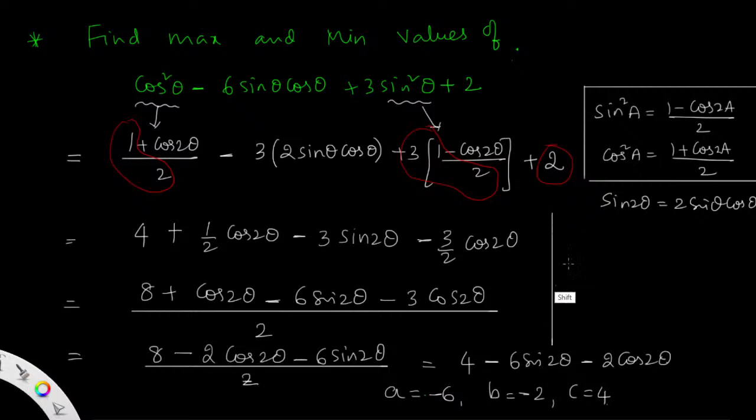Therefore I am writing here that the maximum value is C plus root of A square plus B square, and the minimum value is C minus root of A square plus B square. You can simplify the values. Then the correct answer is given: 4 minus root 10 and 4 plus root 10.